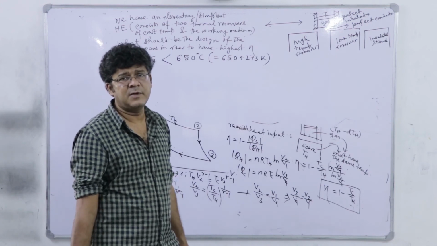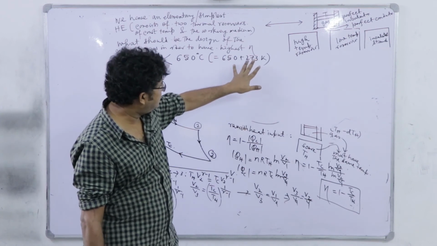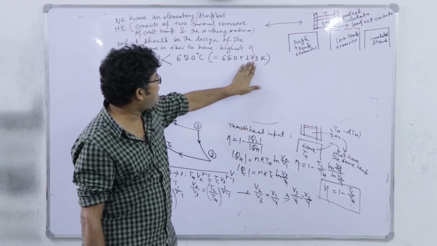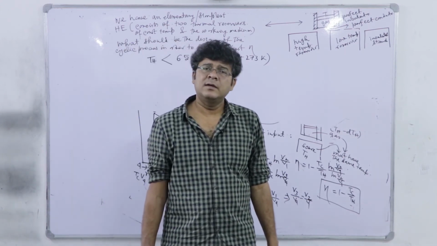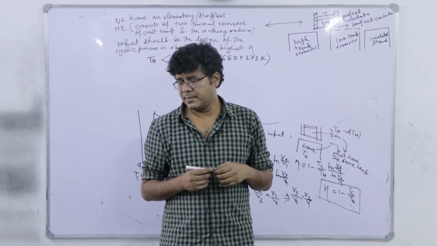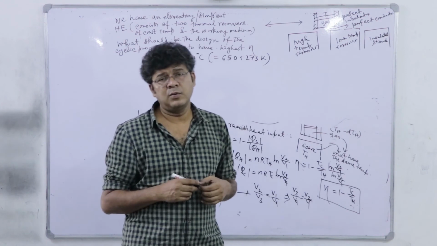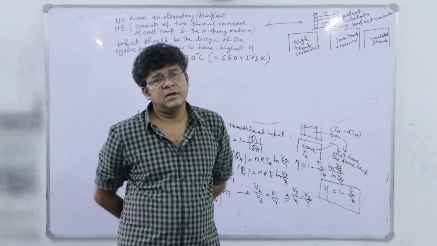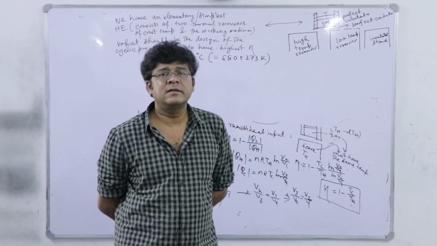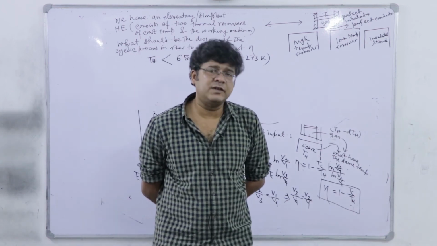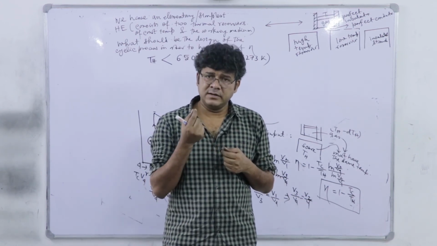So there are definitely limitations and technical problems. Even if we do that, at least in theory, the maximum possible temperature is limited to around 650, right. Why? Because at this 650 or 700 degrees, the pressure of the water or steam is around 10,000 kilopascal, right. And this conversion of water into steam is taking place within the boiler tubes. Now, a boiler tube has a limited thickness.